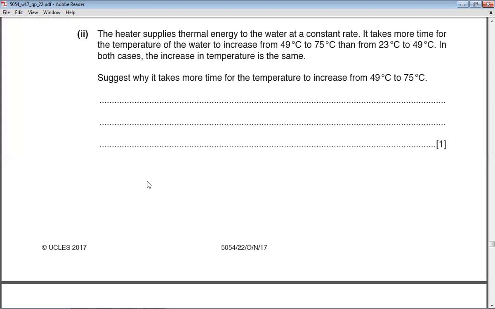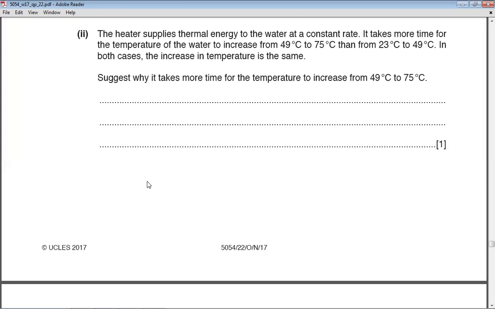The reason is very simple. You see, when the water's temperature was changing from 23 degree to 49 degree, relative to the condition when the water temperature was changing from 49 to 75, now the water is more hot. Its temperature relative to the surrounding is higher. The more the temperature difference between the surrounding and the water, the greater will be the rate of evaporation.